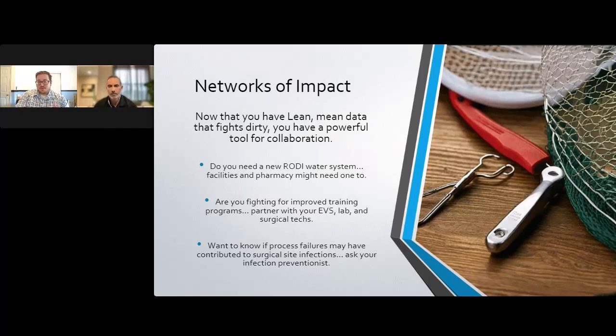Those three groups are in data every day. They're talking to the right folks. They're already reporting that information out, and your solution may be the thing they're looking for. So I'm always happy to hear, hey, we did this and we need help getting it to the finish line, especially from IP, because you can really leverage their resources to get the outcome that you need.